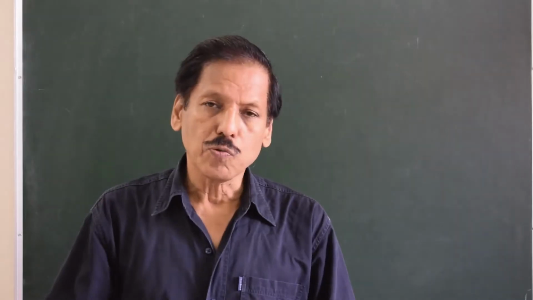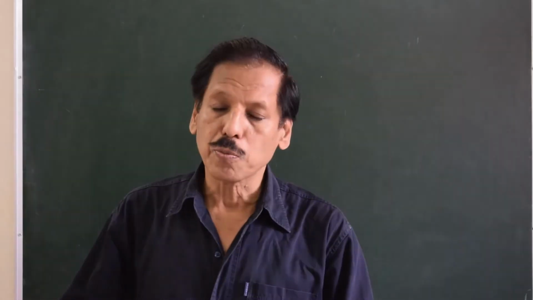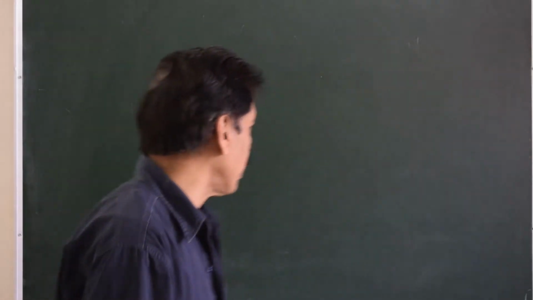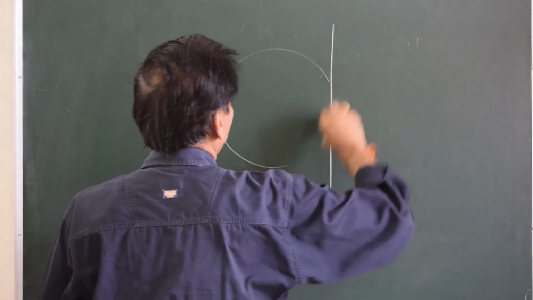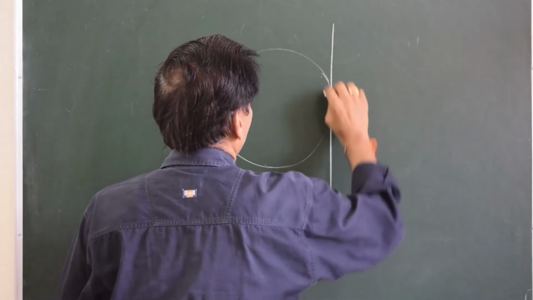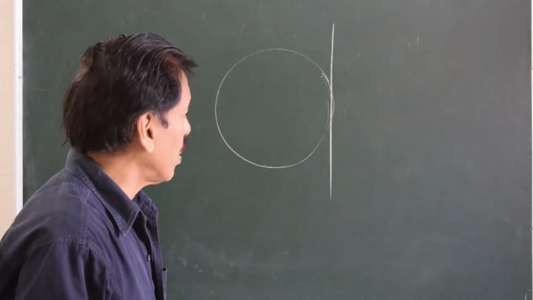So the first one in this category is Clark's minimum error perspective projection. Now what happens is, the projection is azimuthal. For example, we are trying to project on the plane.